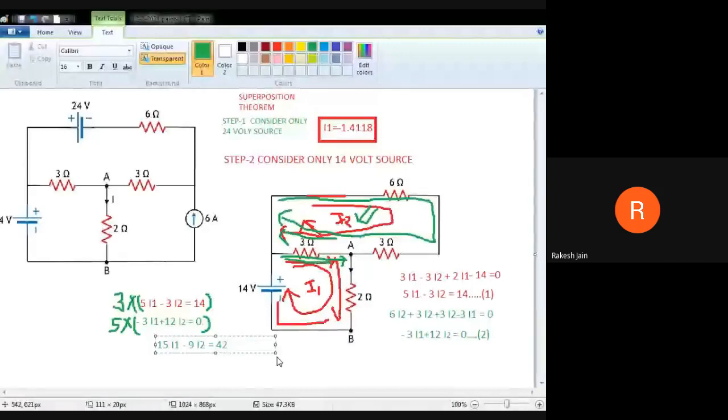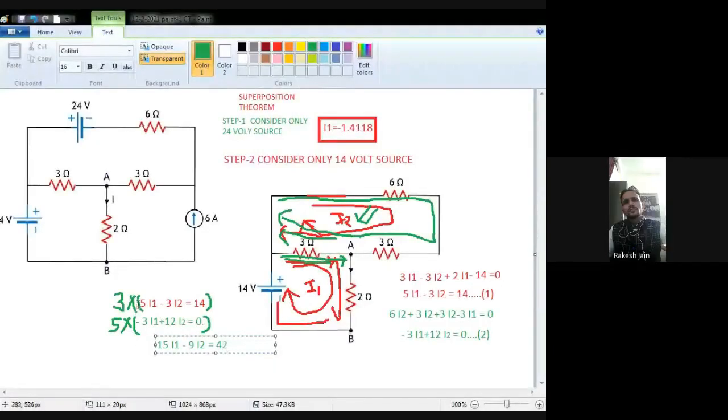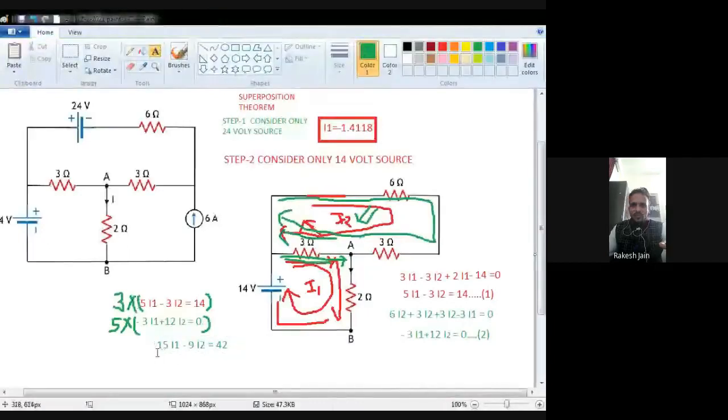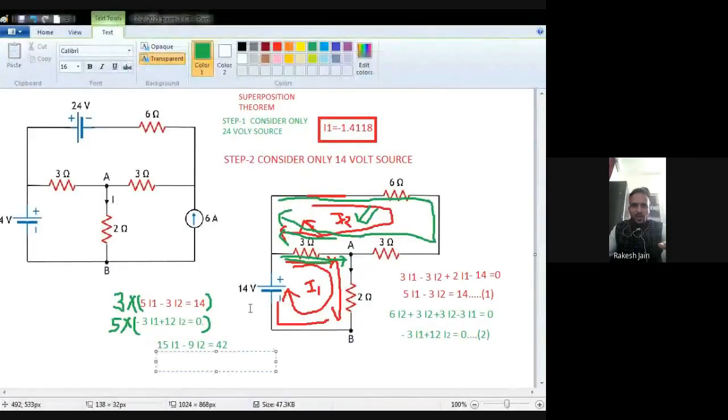Because I am writing the equation for the second mesh, my current is I2, written with positive sign, so plus 6 I2. Then I see here there is no element, so there is no need to write this. Now the 3 ohm resistance is there, and no other current passes this 3 ohm, only I2 passes, so I write plus 3 I2.